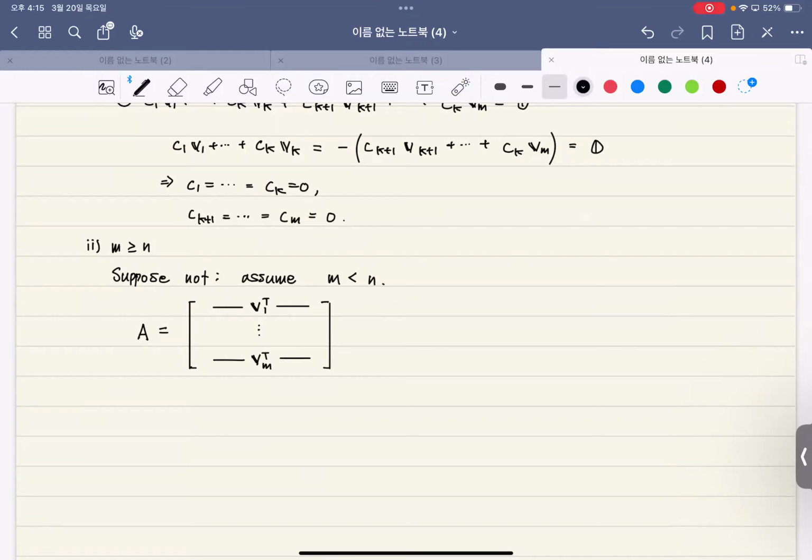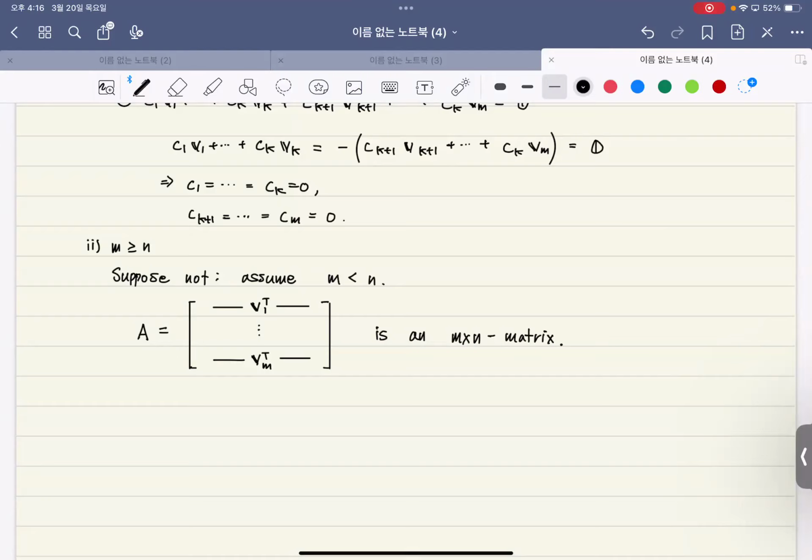Also, each of these rows is a member of Rn. So the number of rows is m, and the number of columns equals n. So this is an m by n matrix, and because of this assumption, this matrix is not a narrow matrix but a wide matrix.